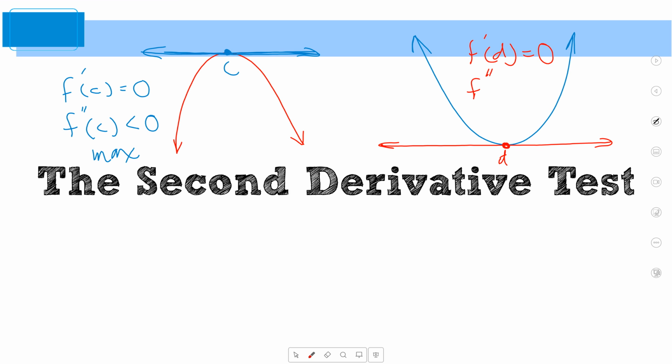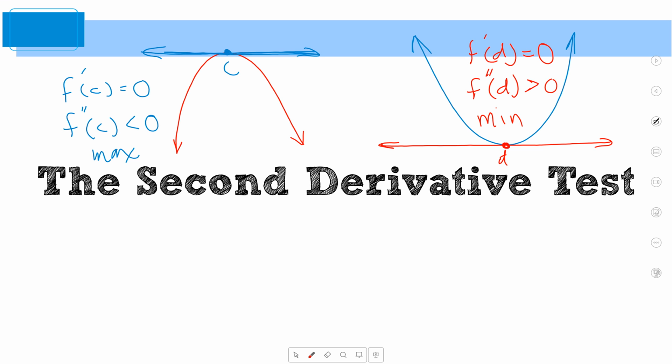And f double prime of D is greater than 0. Concave up. That implies a min. Graph is down, causes a hill. Top of the hill must be a max. The graph is up, the bottom of the valley must be a min. That's what the second derivative test does.